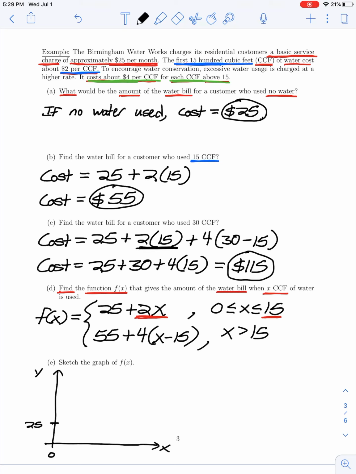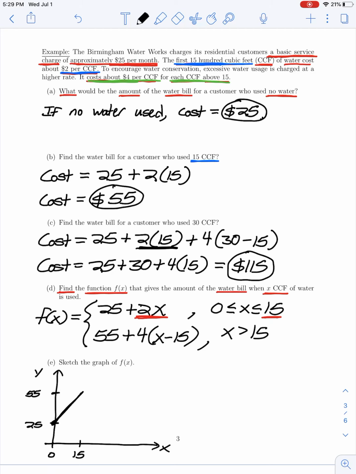And on the interval from x equals 0 to x equals 15, our function was defined as 25 plus 2x. So that is a line of slope 2 with y-intercept at 25. And as we are approaching 15, well, if we're using 1,500 cubic feet, we saw that the cost would be 55.